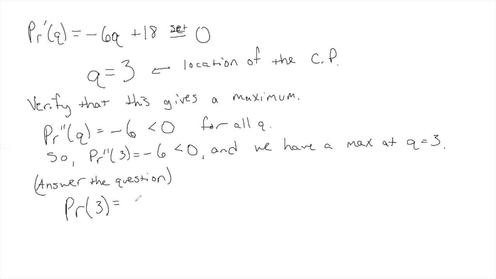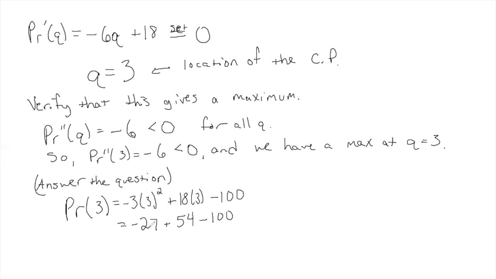So this is -3 times 3 squared plus 18 times 3 minus 100. All right, so this is 9 times -3 gives me -27. 18 times 3 is 54, I believe. I think that's right. And then I have minus 100.